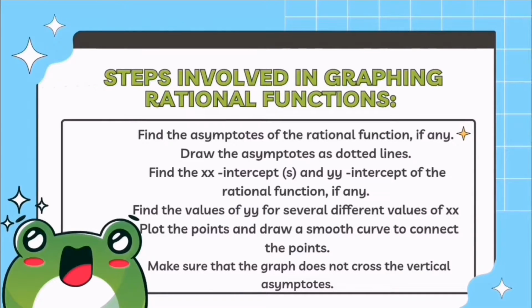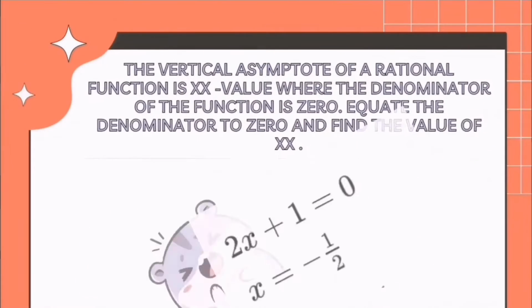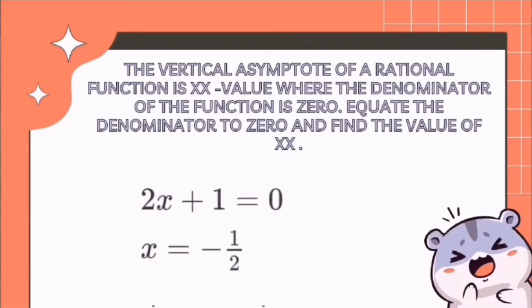Steps involved in graphing rational functions. The vertical asymptote of a rational function is the x value where the denominator of the function is 0. Equate the denominator to 0 and find the value of x.